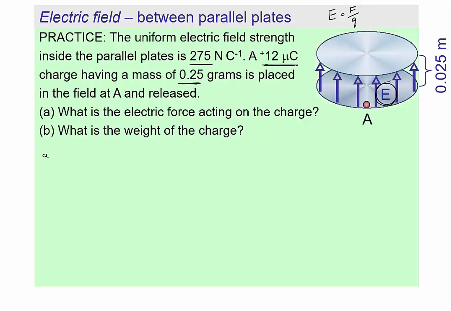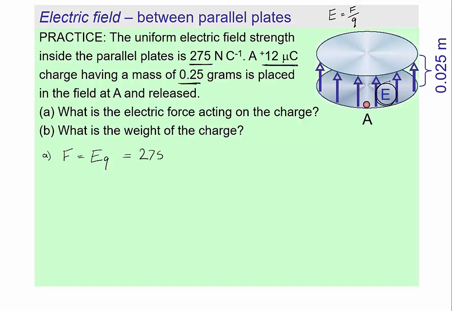If we look at our working out here, we know that the force, taking that equation from up the top, is by definition the electric field times the charge, and we substitute those values in.